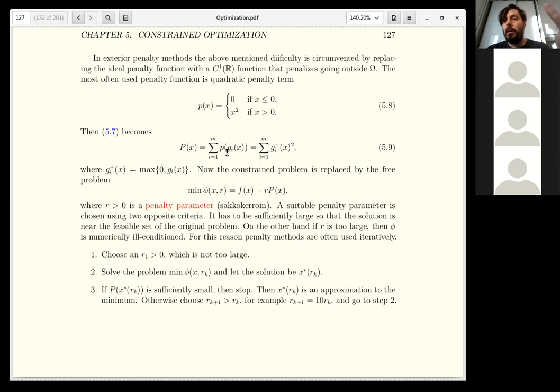What is worse, if this g of x is a slowly growing function, for instance, let's say that our f of x is something like x to the 5, and we are moving in a negative x direction, and the penalty function is x to the power of 2, then the problem is that we can go infinitely long into the forbidden region, and it will not offset the whole problem at all.